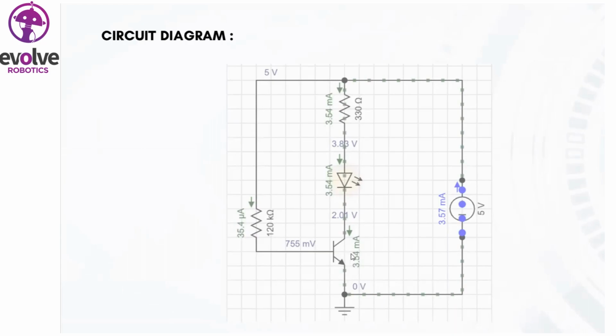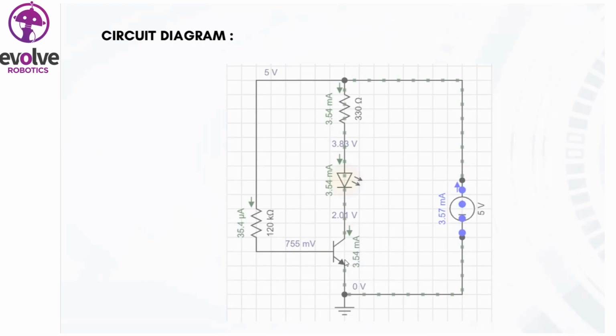The emitter can be identified by using this arrow. If there is an arrow in any terminal, that is actually the emitter of the transistor. So this is the emitter, this one is the collector, and the middle one is the base. Those are the three terminals of a transistor.